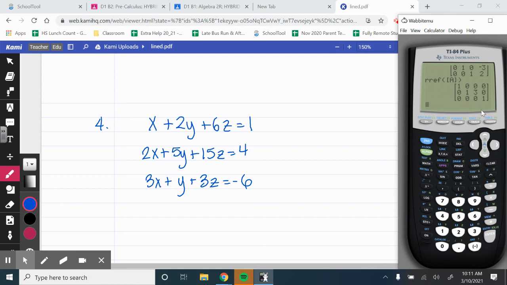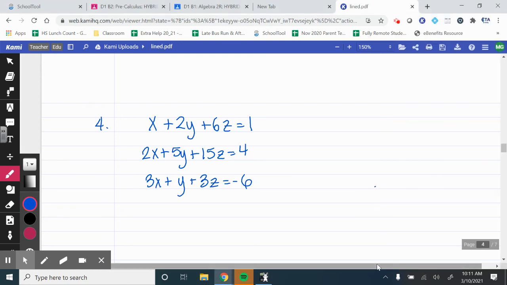Now, you'll see it actually doesn't say error to you, but you can look at this and know that your bottom row is not all zeros. It's 0, 0, 0, 1. And we know 0 is not equal to 1, so that's what tells us that this system would be inconsistent. Okay, so really important that you understand how that looks when you do check that in your calculator.